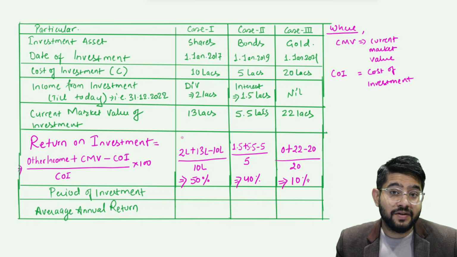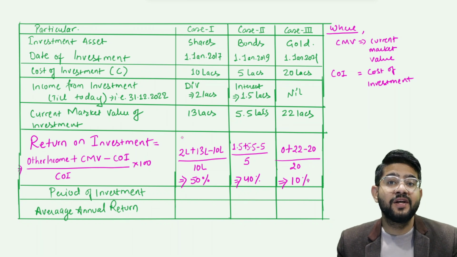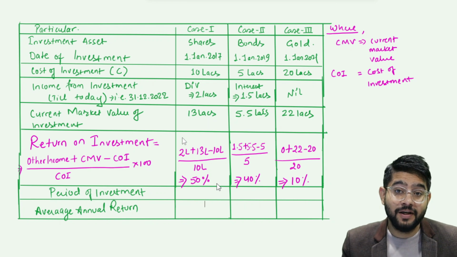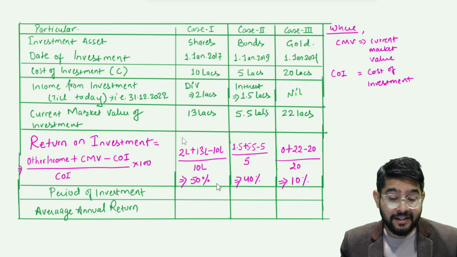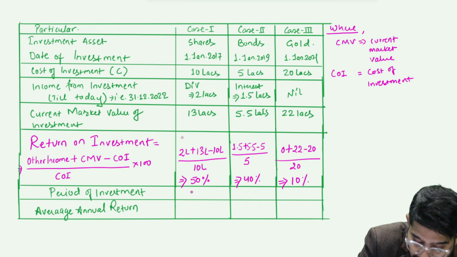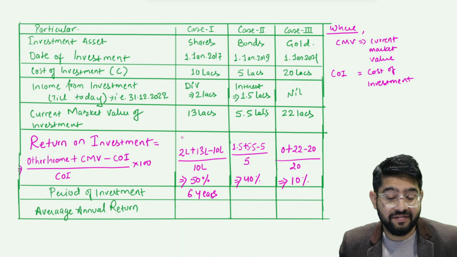While calculating this return, one factor is missing, that is the period of holding. In case of shares, we have held the investment for 6 years, 2017, 18, 19, 20, 21 and 22. So in 6 years, we have gained the return of 50%.